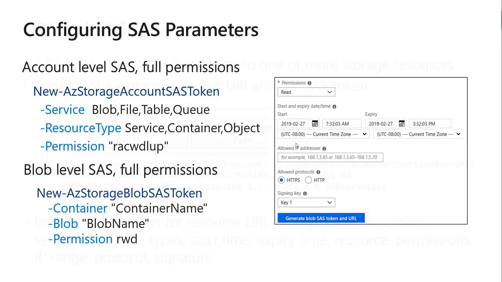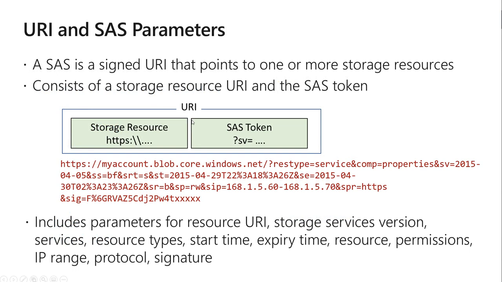Before I jump into the demo, I need to talk about one more slide. The SAS is a signed URI that points to one or more storage resources, in this format.